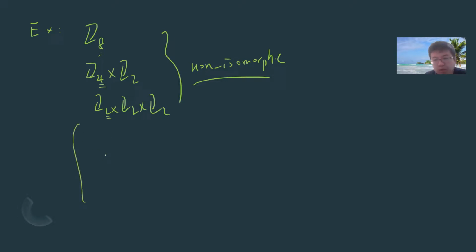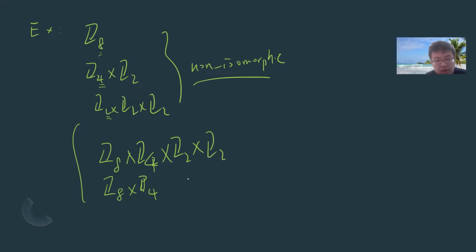But it's not always easy to see. You might ask how you can easily determine that two of them are not isomorphic.